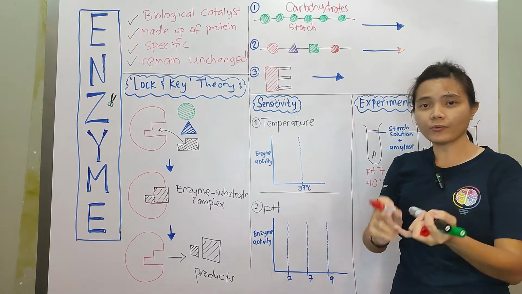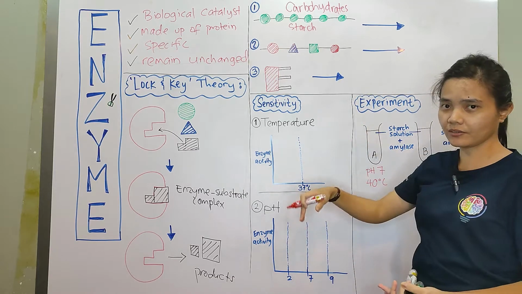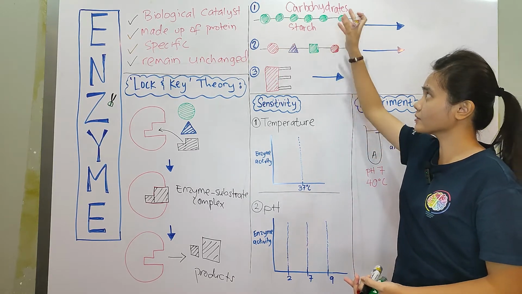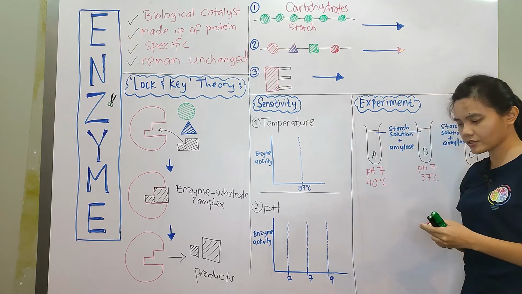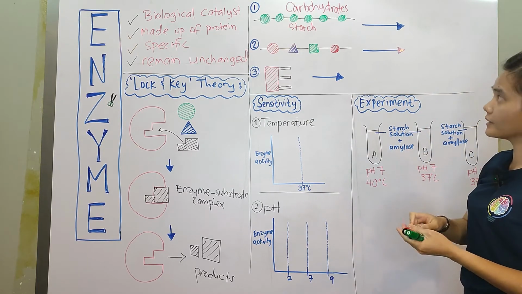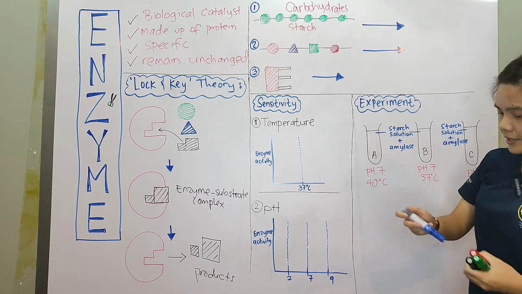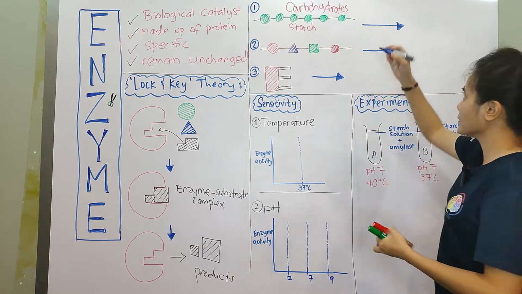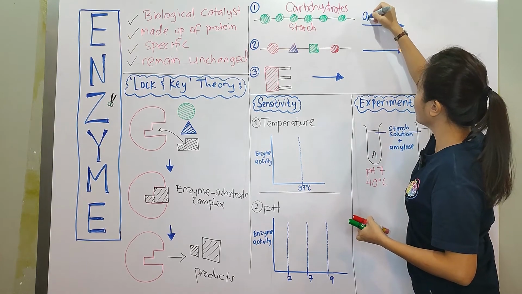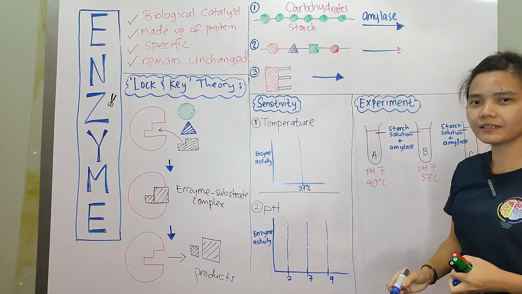Your bread, your rice, potato, they are carbohydrates, or starch is also an example of carbohydrates. So carbohydrates or starch are broken down by an enzyme called amylase, right?